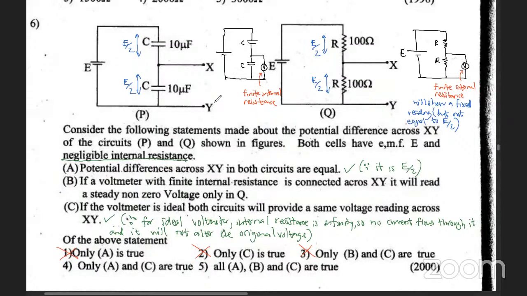Once the voltmeter is connected across the capacitor, what will happen? Current will start flowing. The capacitor will get discharged.